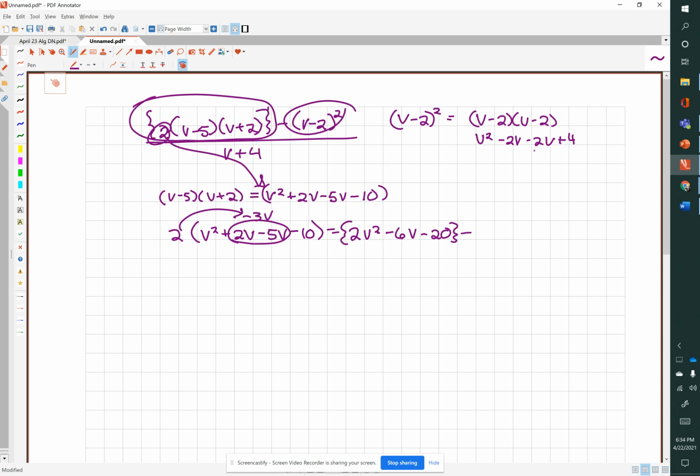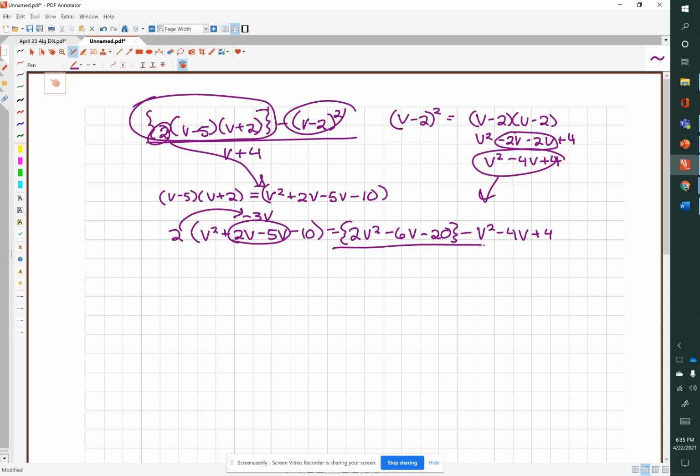Negative times a negative is a positive. When we combine the middle, v squared minus 4v plus 4. So this comes down: v squared minus 4v plus 4.